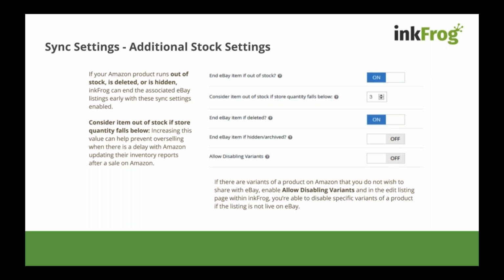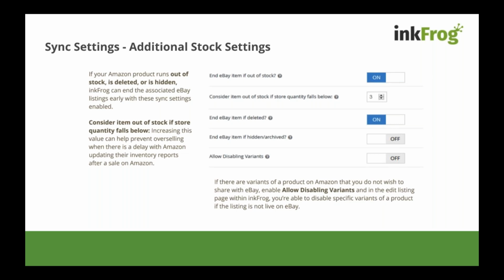End eBay item is hidden/archived. So that option, if you use like a hide feature in Amazon where, let's say maybe you do something seasonal like Halloween costumes or something like that, and then at the end of the Halloween season, you keep the item so you don't delete it out of Amazon, but you just hide it from being able to be searched or purchased.